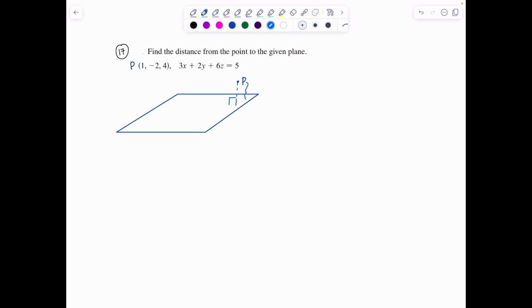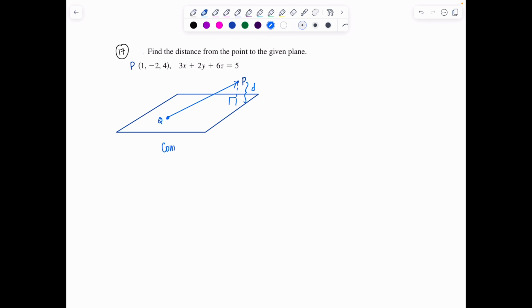So if you were to drop a perpendicular, how can we find that? So what we're going to do first is connect that point to our plane. So we're going to find some other point on our plane and connect it. We're going to call this point Q or whatever.